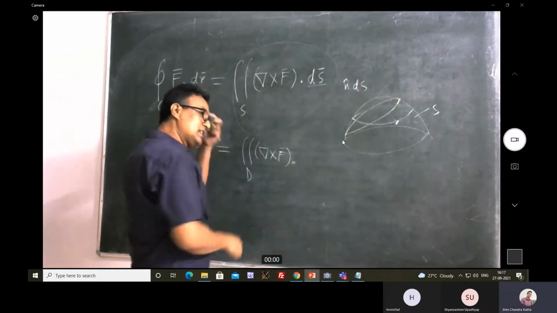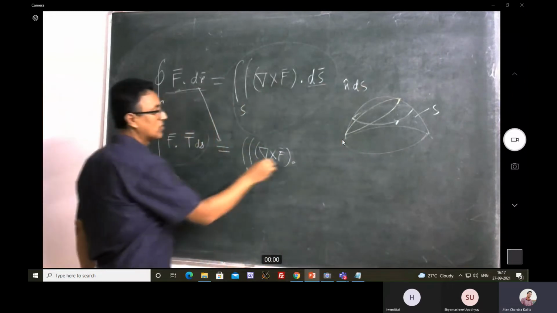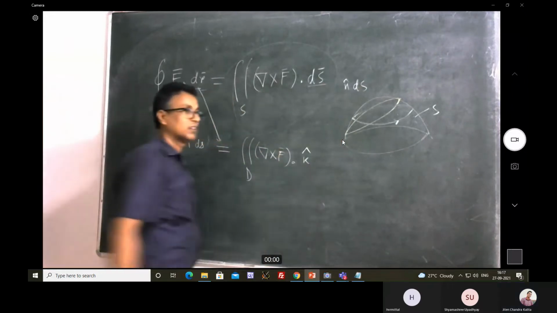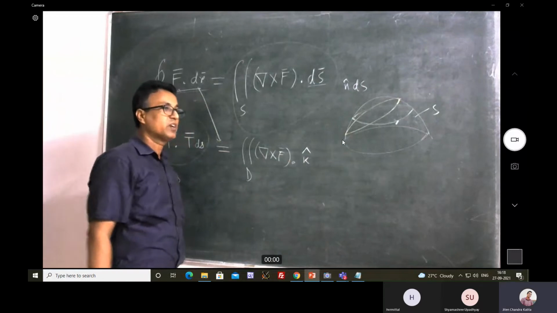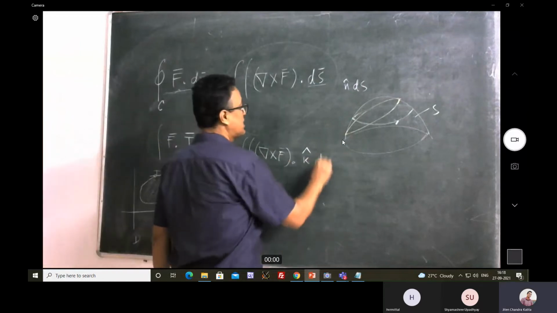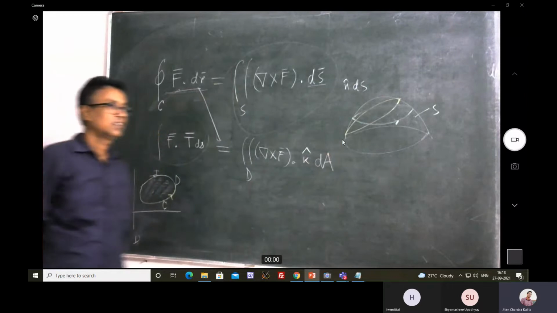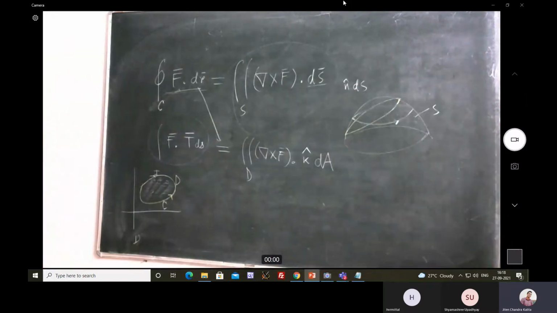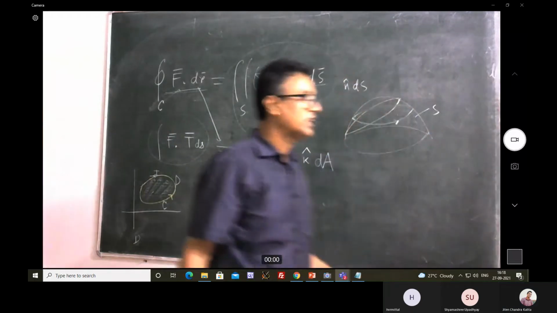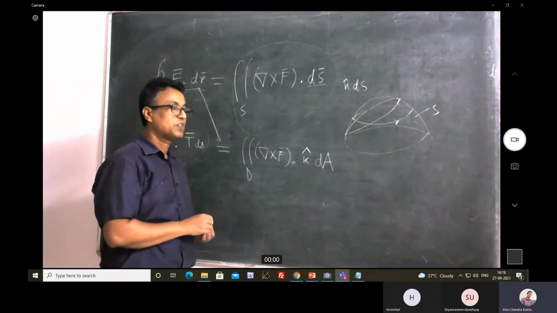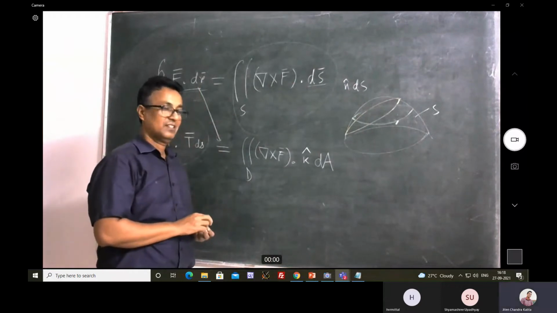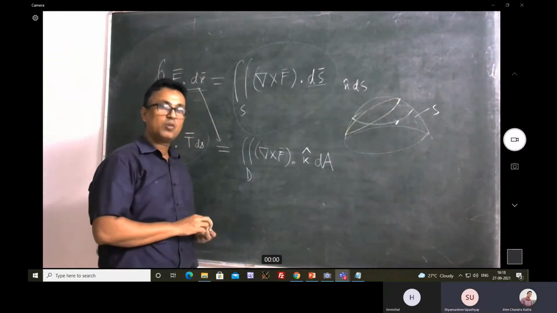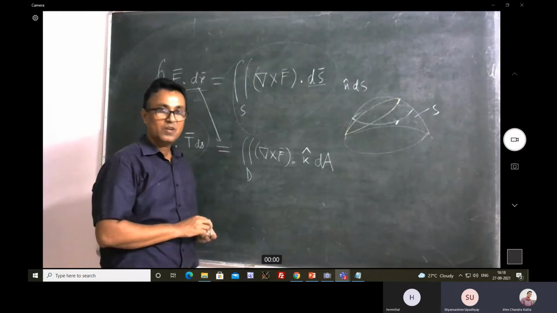So in that case, that unit normal was k, if you recall, isn't it? So it became this. Does it ring a bell? Green's theorem? Vector form of Green's theorem, right?